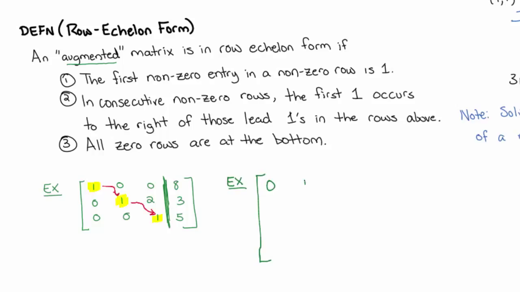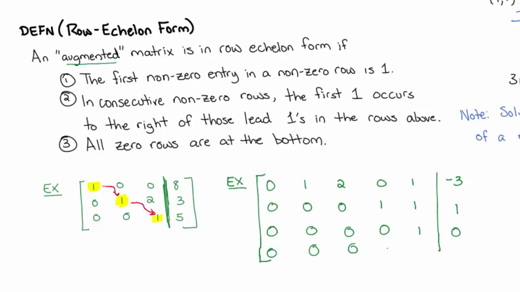0, 1, 2, 0, 1, and a -3. 0, 0, 0, 1, 1, 1. 0, 0, 0, 0, 1, 0, and then 0, 0, 0, 0, 0, 0. This is in row echelon form.